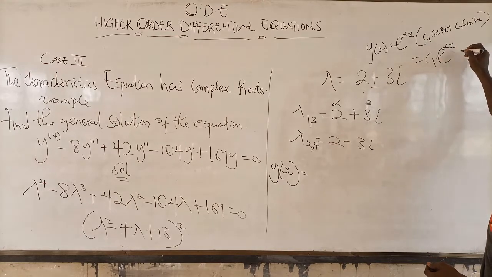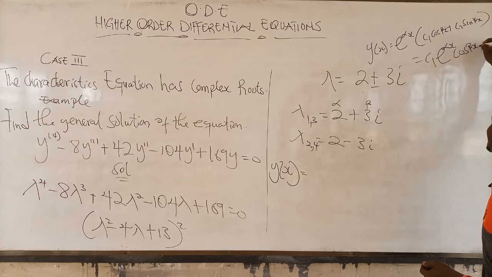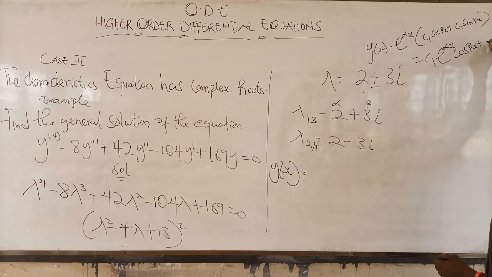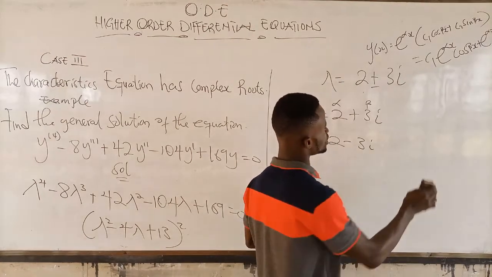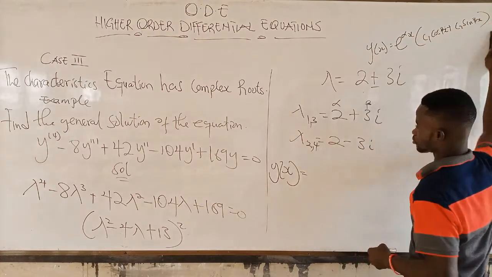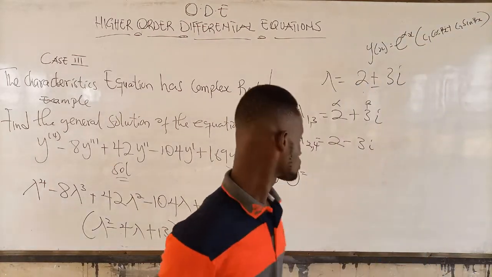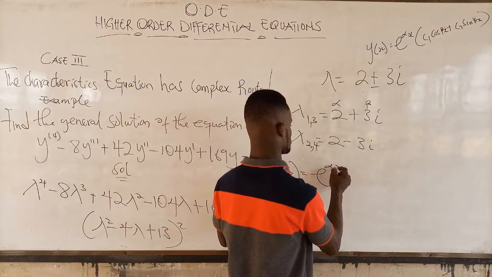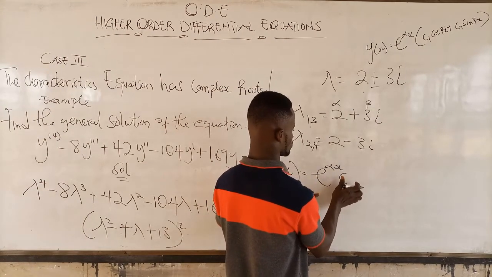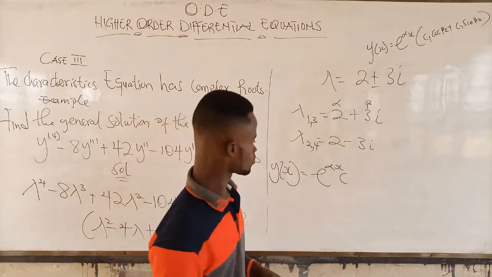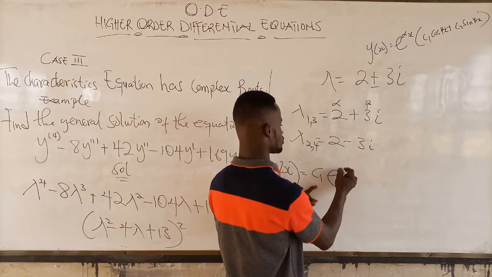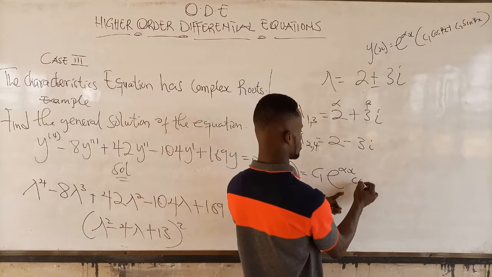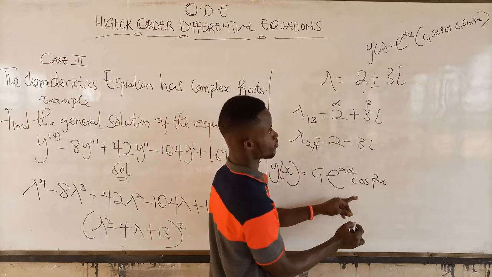Then here we are going to get cos beta x plus, I hope you can see from the board, e raised to the power lambda x. Let me bring it down for you to see it well. So we get C1 e raised to power lambda x cos beta x.